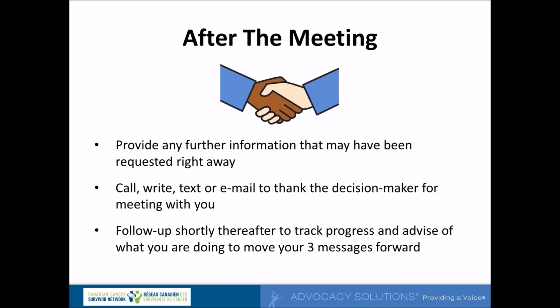Pull the language out that they use and try to frame your issue in a way that essentially says, if you do this, if you help me with my issue, it will help you with your priorities. It will help you achieve your policy objectives. A win for me as a patient is a win for you as a government or as a party or whatever it may be, or whoever the person is that you're advocating to.